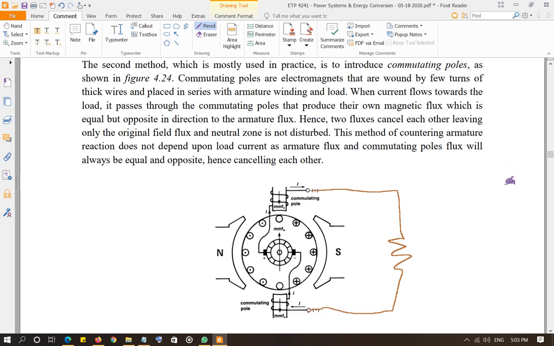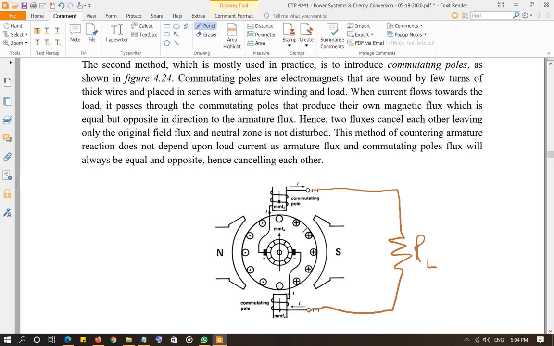So now what happens is, when the current starts flowing, the armature is going to produce its own MMF, and since the same current is flowing through this electromagnet, the commutating pole, it will produce the same amount of flux as the armature flux. But the way we do these windings is that the flux direction is going to be opposite to the direction of the flux produced by the armature winding.